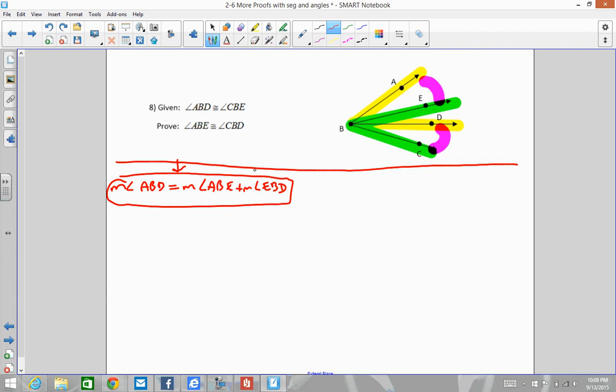I know this is true because of the angle addition postulate, so I'm going to change my colors here. I'm going to write my reason a different color, make it easier for you to see. So angle addition postulate.